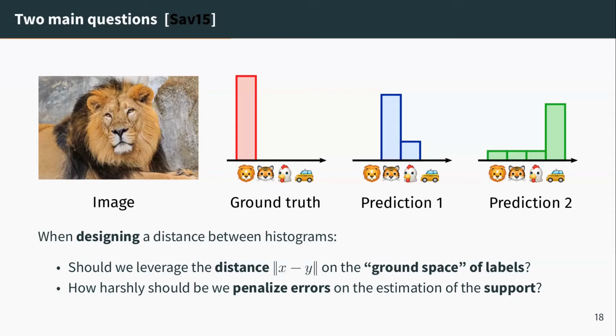And second, how harshly should we penalize errors on the estimation of the support? On one side, I could say that, yeah, prediction 1, it's fine. Tiger is nearly close to a lion. But in real life settings, maybe in hospitals, a model that is 100% sure, confident that this drug is completely fine, gives it to the patient, it's going to work okay, and actually the patient dies because of the drug, big trouble.